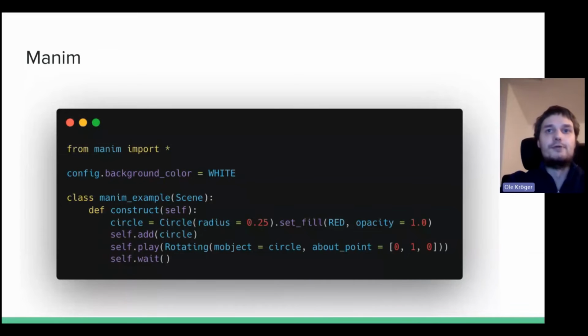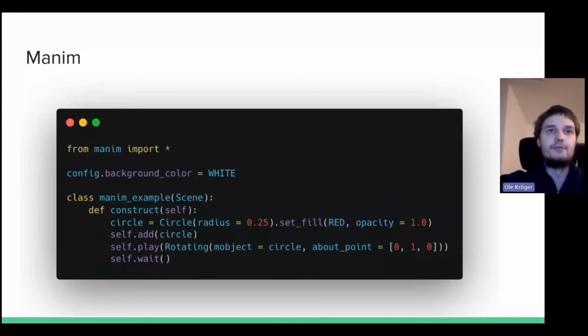So to give you a rough idea of how different the concepts can be to create such an animation engine, I will show you an example here of Manim, then of Processing and P5.js, and then we dive deeper into Javis. So here you can see first of all that Manim is using classes. And here you have a scene. You can construct the scene.